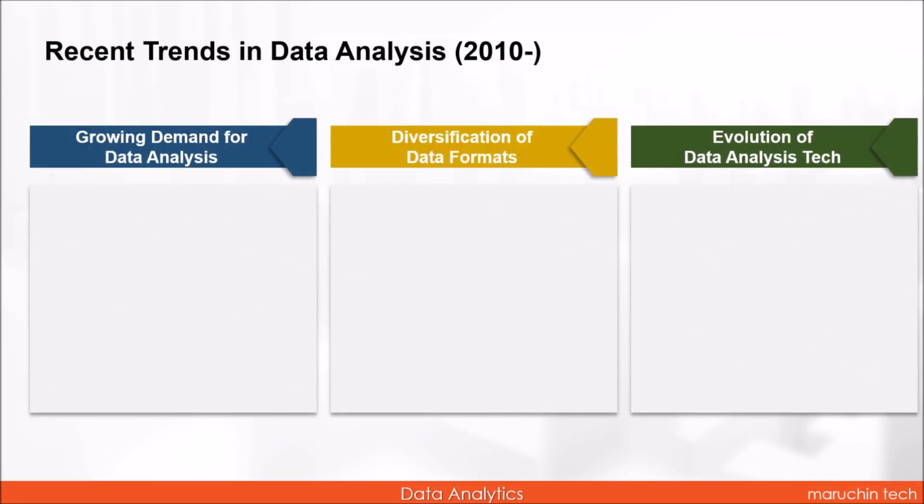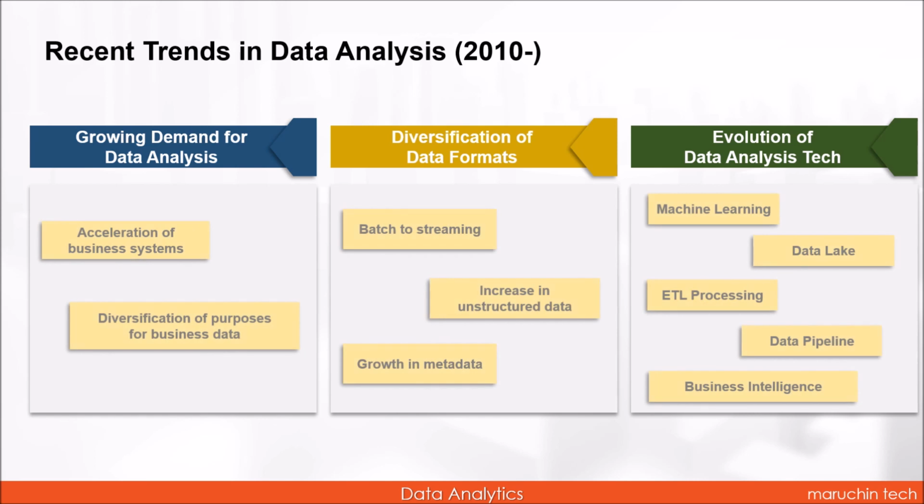First, I will introduce the recent trends in data analytics. Since around 2010, the circumstances of data analytics have been evolving. With technological developments such as smartphones, IoT, and nowadays generative AI, the world of data analytics is becoming increasingly complex.